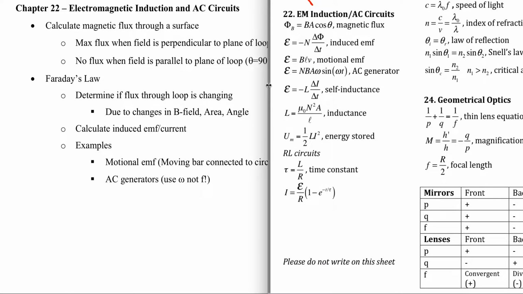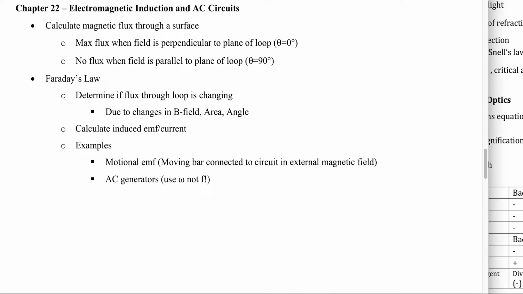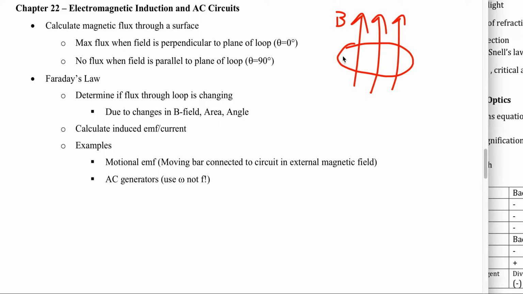So the first thing here is the flux. The flux depends on the strength of the magnetic field, the area of the loop, and the relative directions. Basically, if you have magnetic flux through a surface, through a loop, it just means that you've got those magnetic field lines cutting through that loop, and then you have flux, right?